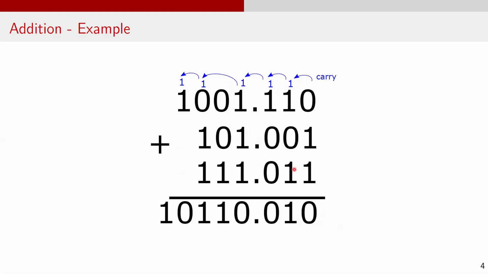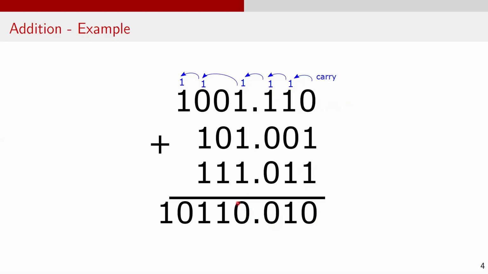Let's do one more example, slightly more complex, with 3-number addition. We start from the rightmost digit. 0, 1 plus 1 gives sum of 0 and a carry of 1. 1, 1, 1 gives sum of 1 and a carry of 1. 1 plus 1 is sum 0 and a carry of 1. 1 plus 1 plus 1 plus 1 will be a binary summation 100.